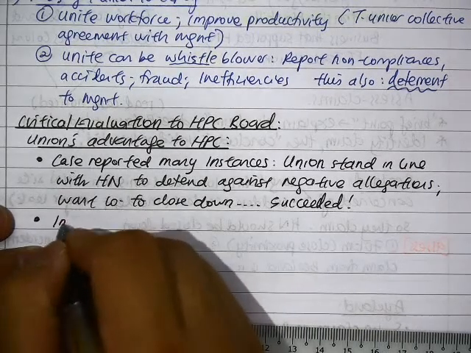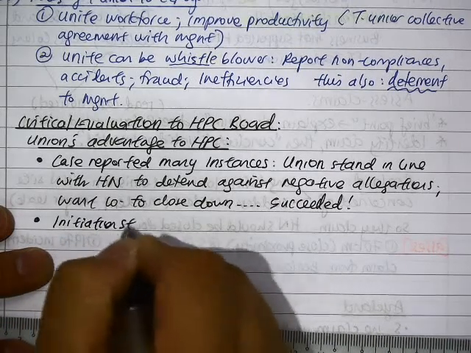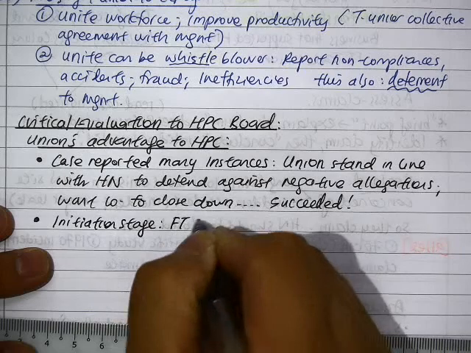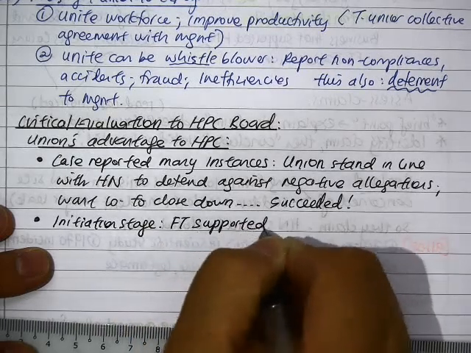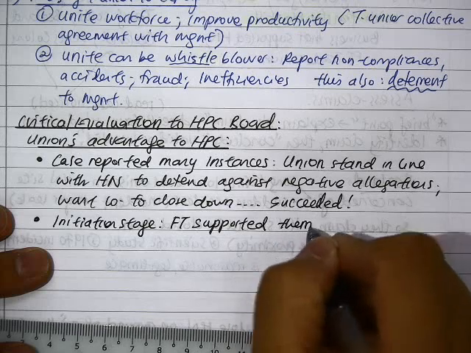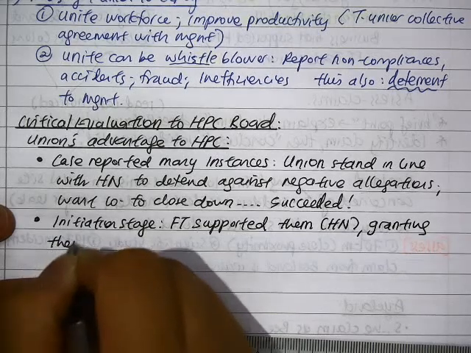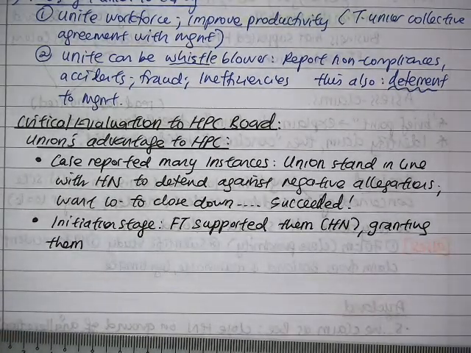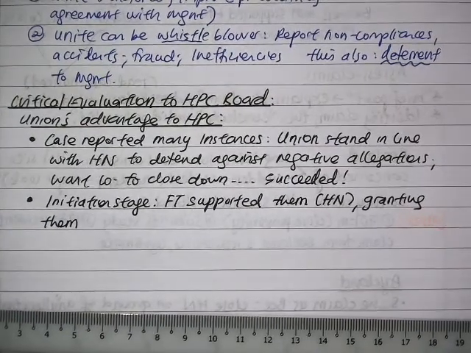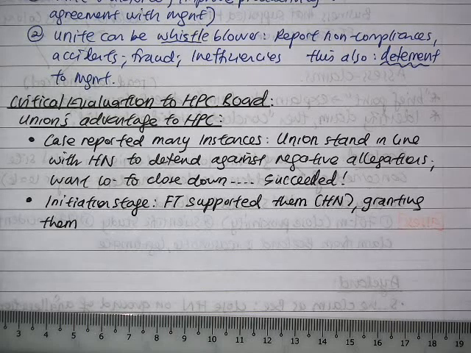So this is what you can see, that at the initiation stage, FT must have supported HN by granting them, there is this word we call a license for you to exist, a license that we permit your business to be in this environment.